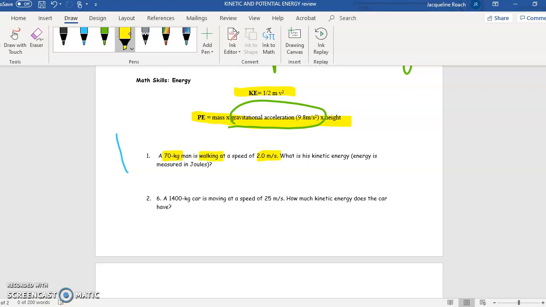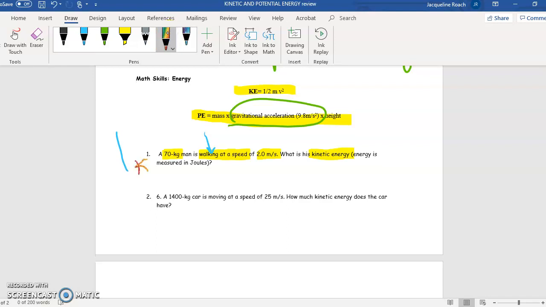It says that he's walking at a speed, so we know he's in motion. And we know it's 2.0 meters per second. Now the problem tells you that it's kinetic energy. However, if it didn't, you should still know to do kinetic energy because he is walking. Walking means motion. Motion is kinetic energy. So let's take what we know, 70 kilograms.